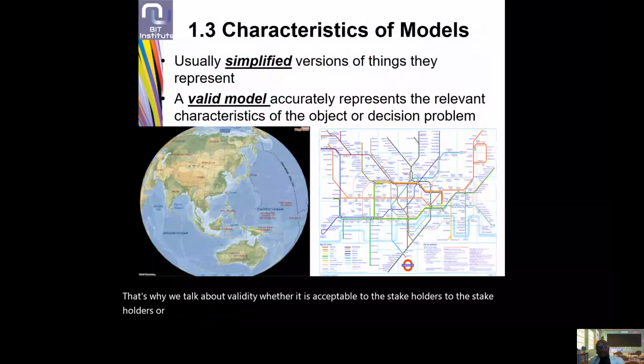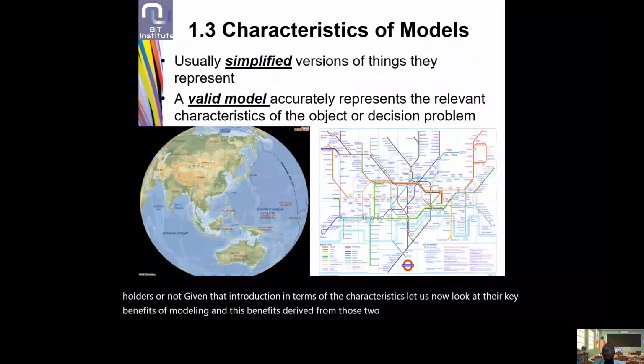Given that introduction in terms of the characteristics, let us now look at the key benefits of modeling, right? And these benefits derive from those two characteristics, that first of all, it must be simplified as a representation of the actual phenomenon, and that it should be a valid model.